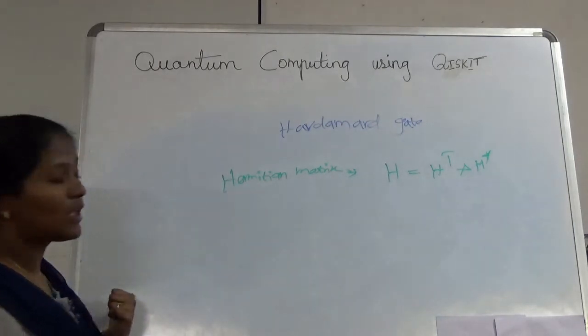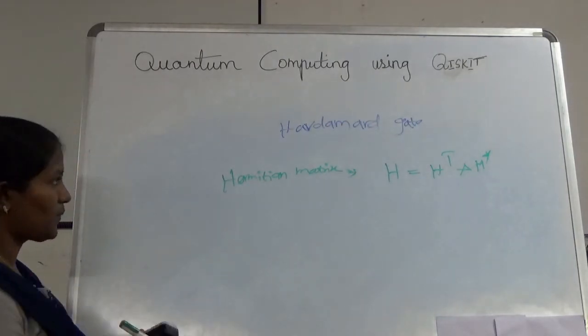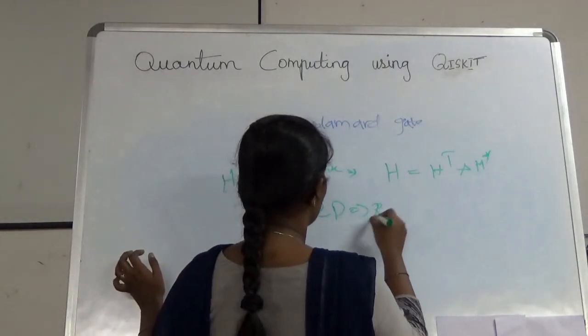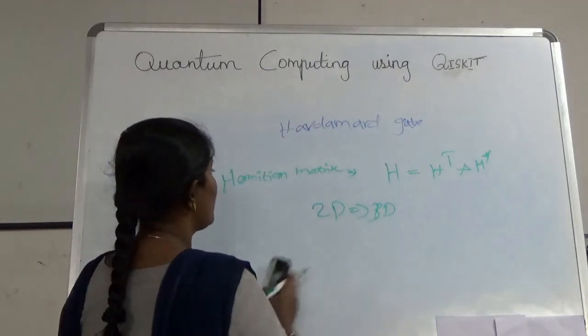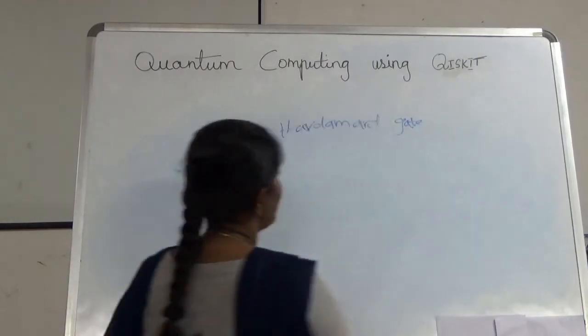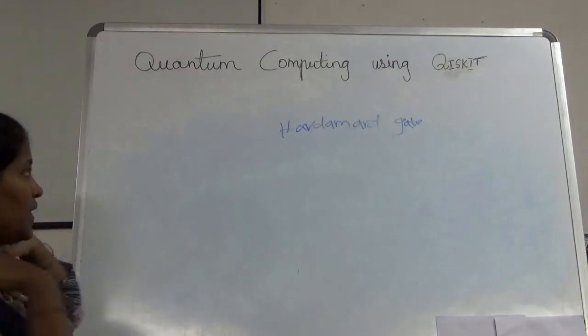Initially, the Hermitian matrix was used for converting 2D pictures to 3D pictures. Now it is used for changing the state of the qubits.